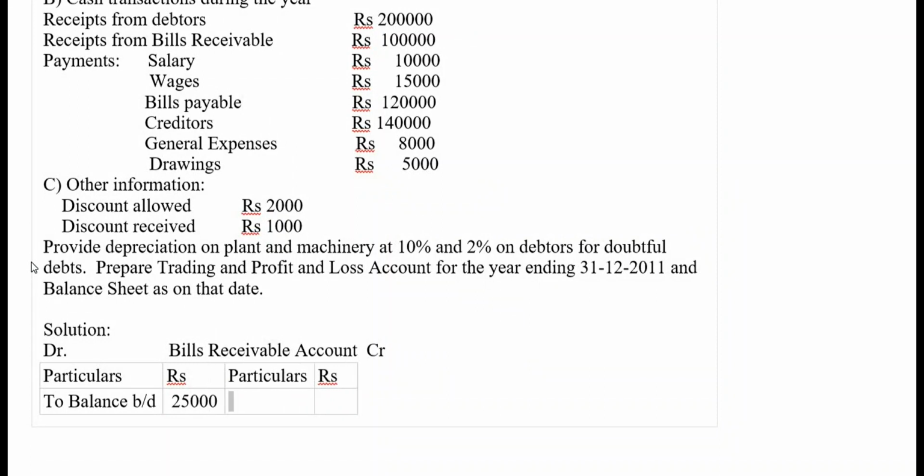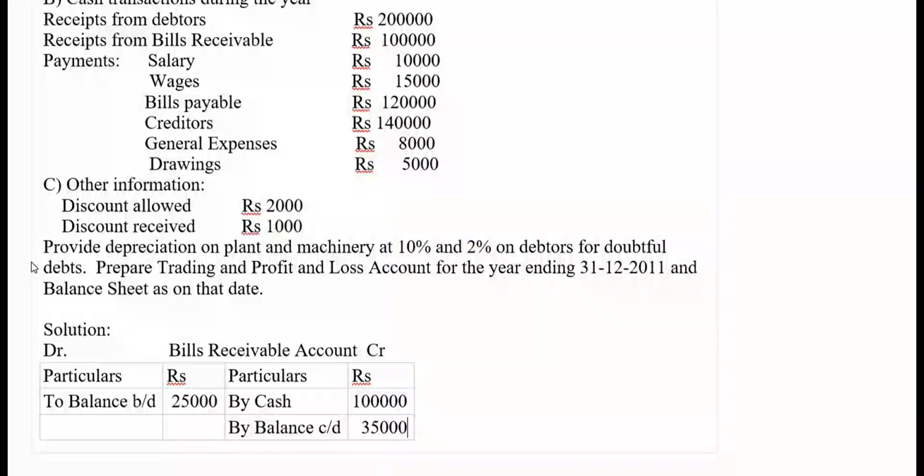When these bills are honored, the entry will be cash account debit to bills receivable account, so bills receivable account is credited by cash, rupees 1 lakh. Then the closing balance: by balance carried down, rupees 35,000.